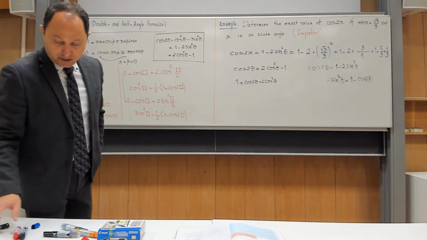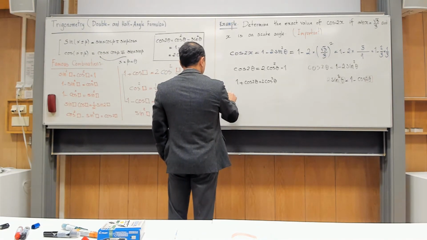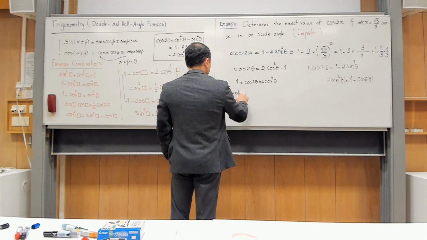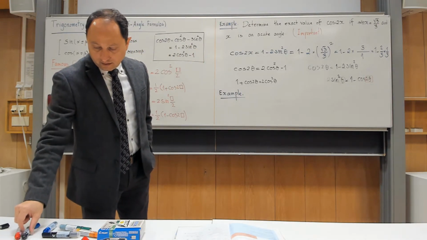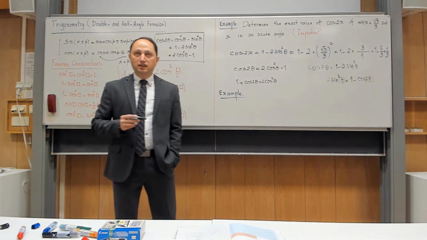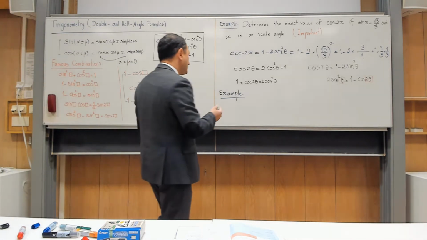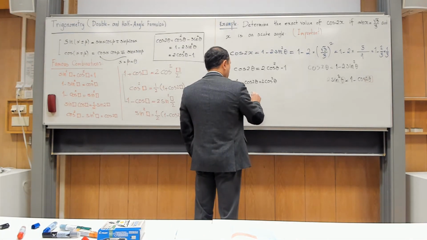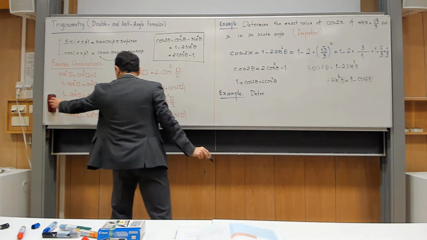Okay, let me give you an example here. Do you remember we calculated cosine of 15 degrees in one of the previous sessions? Let me ask you to do this again.